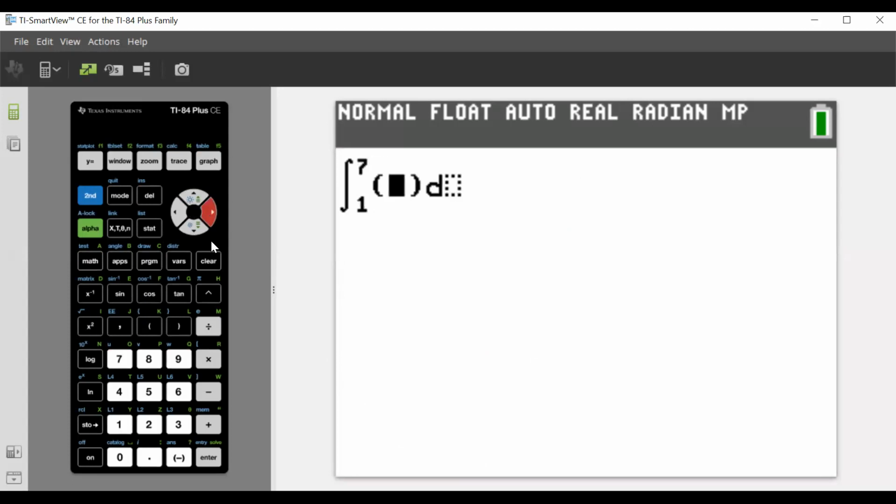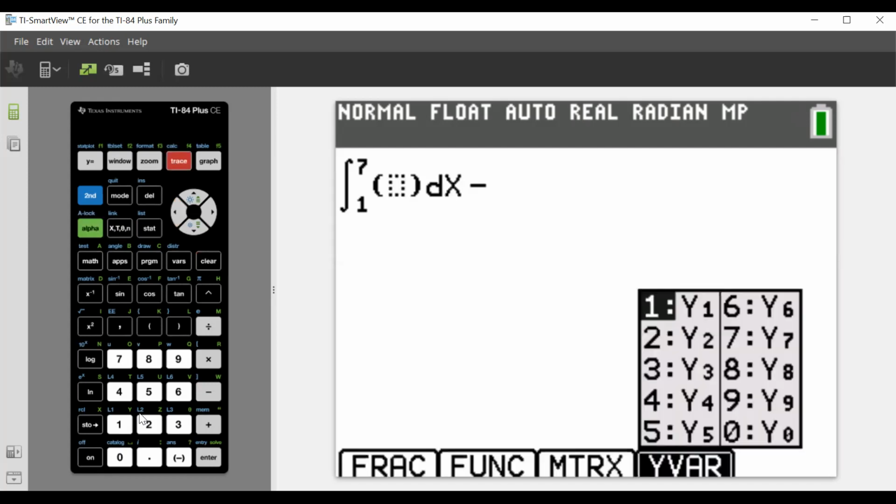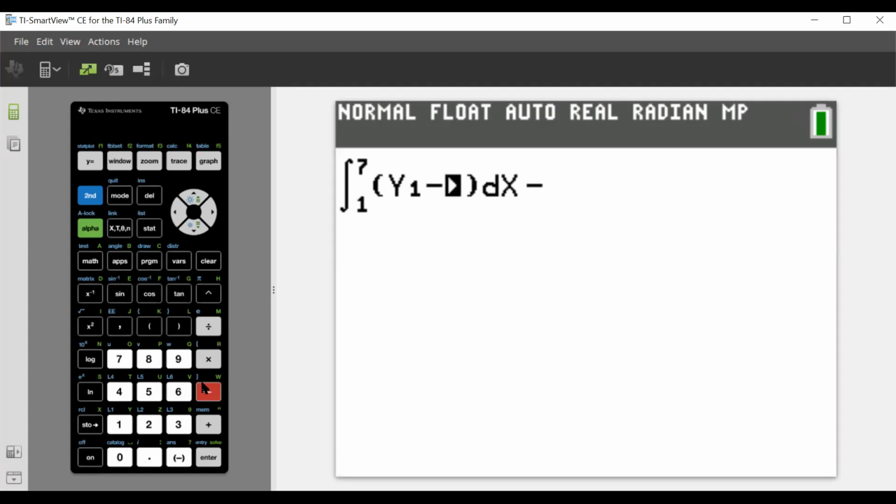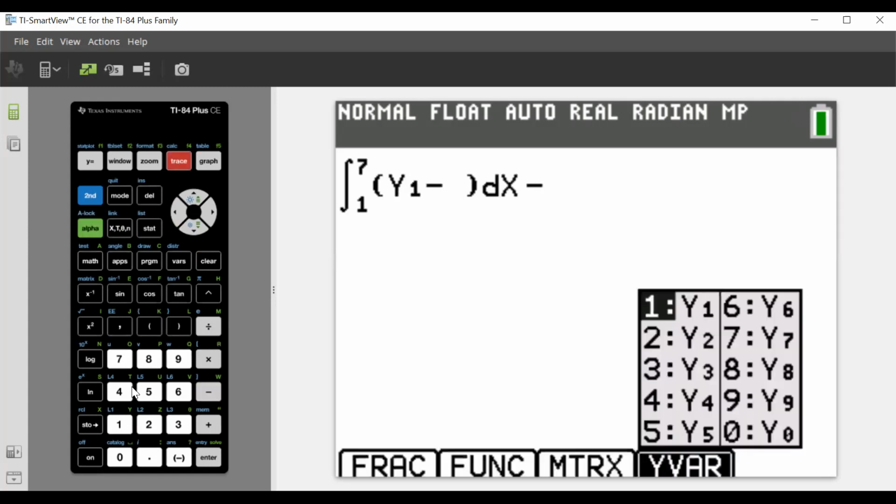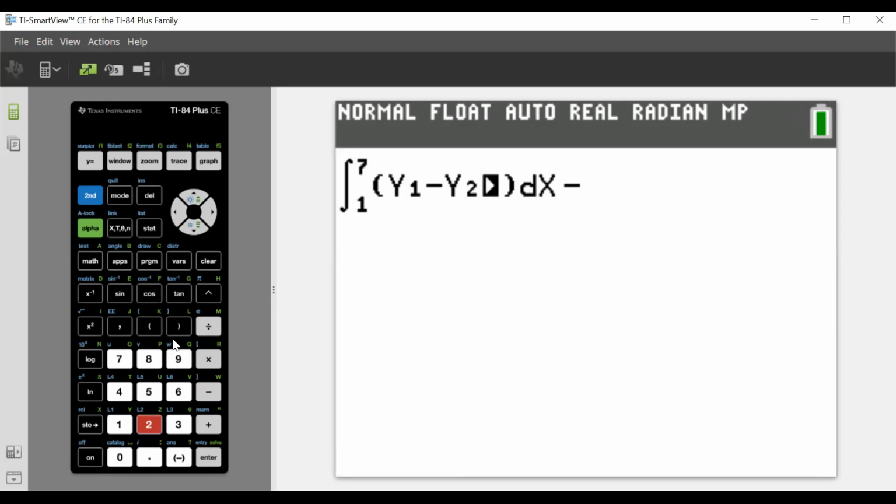Now f is the higher one, so we're going to take alpha 1 x minus, we probably need parentheses here, alpha 2. And then we have our dx, and we're not putting a minus there, and that gives us 54.